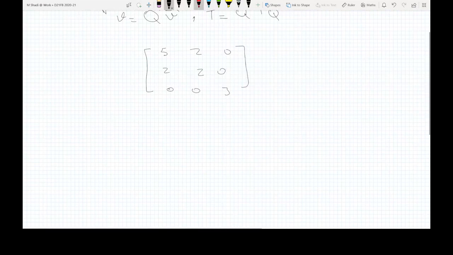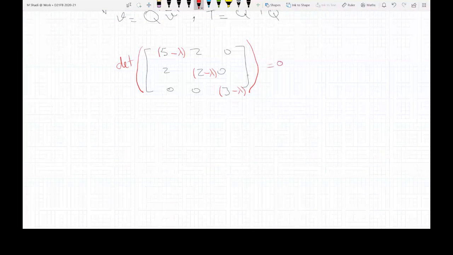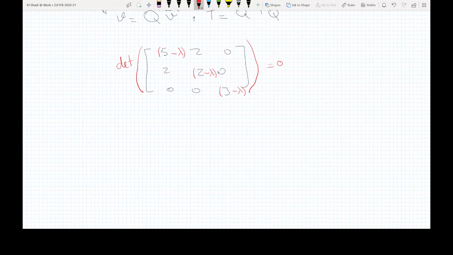To find the eigenvalues, you just need to subtract lambda from all the diagonal terms, and you make the determinant of this matrix equal to 0. So you need to expand to find the determinant.